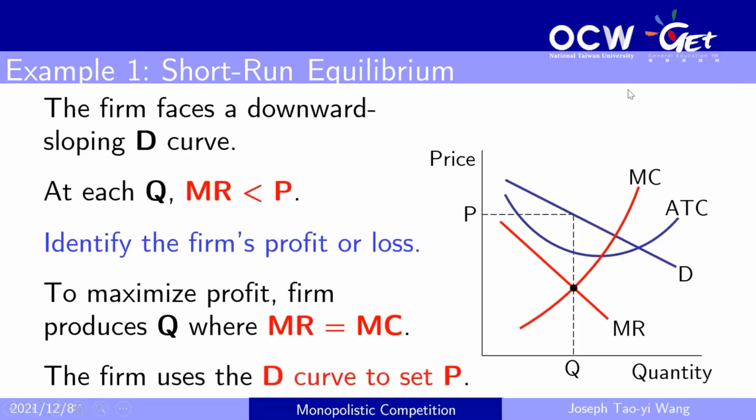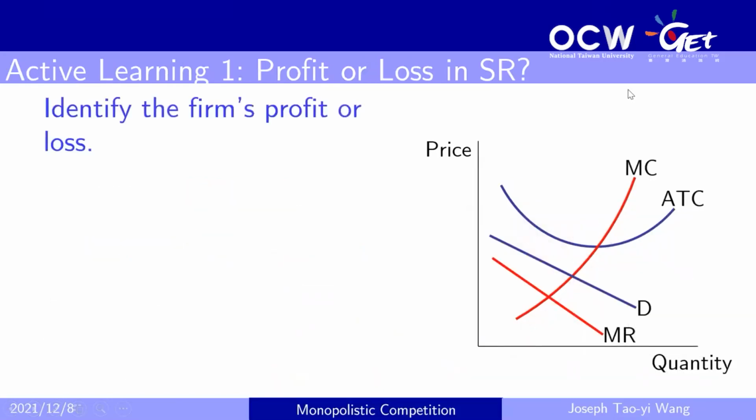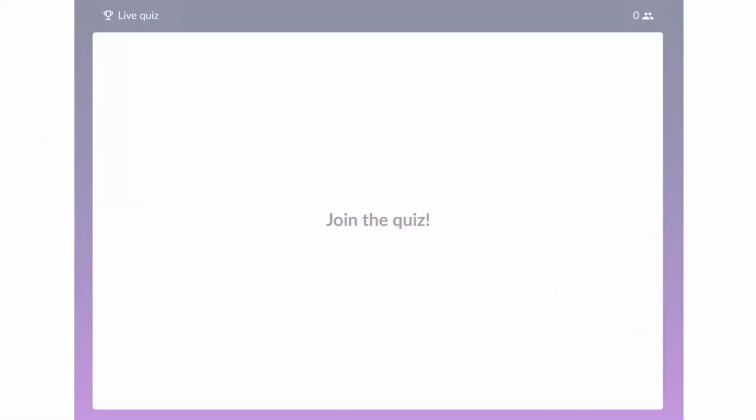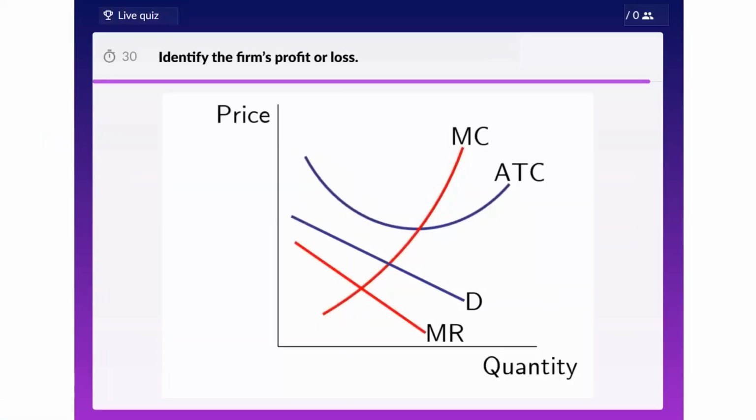And depending on the ATC curve, look here, my price is above my average total cost, so I'm earning a profit. Okay, so now what about this one? In this case, is the firm making a profit or making a loss? So please join this quiz. Is this firm making a profit, making a loss, or breaking even?